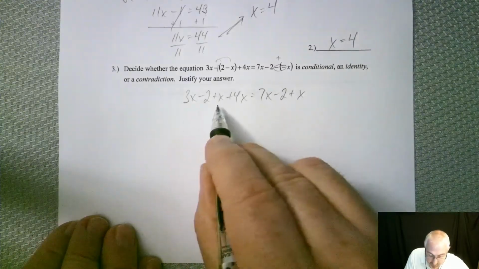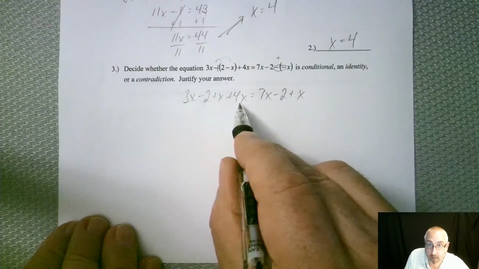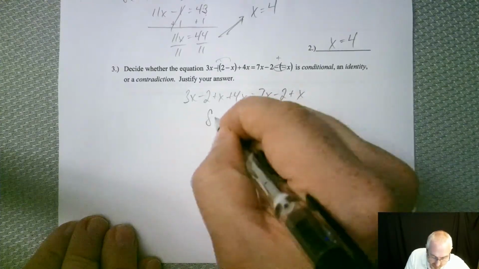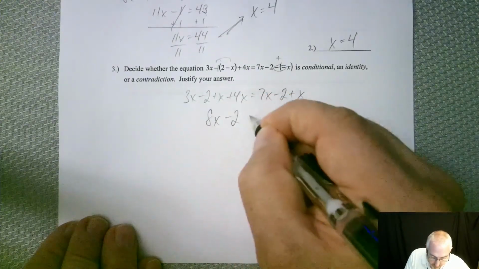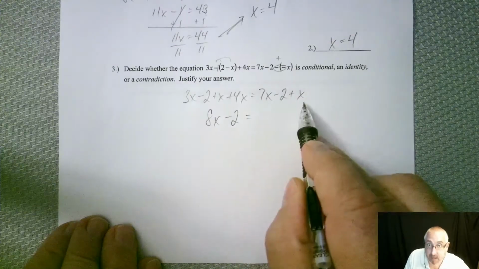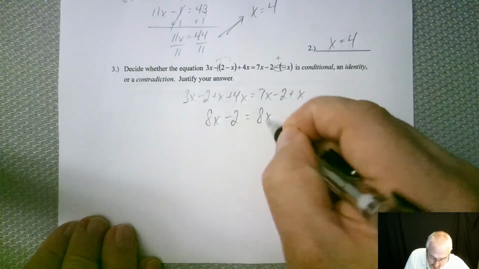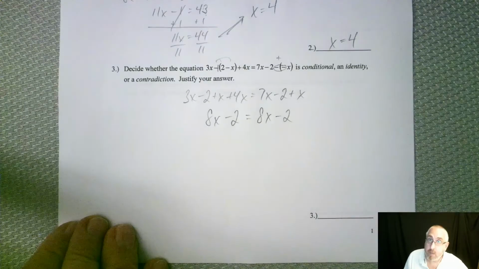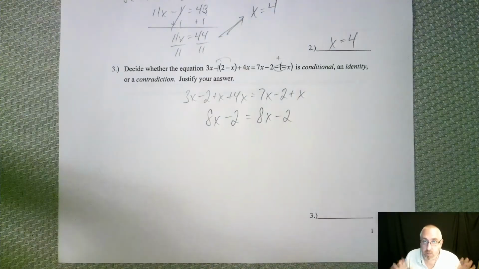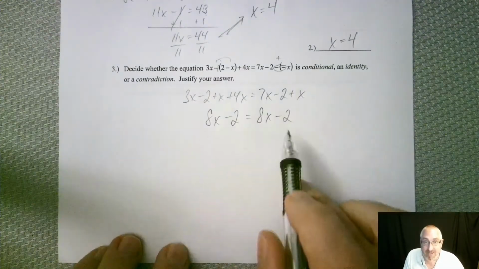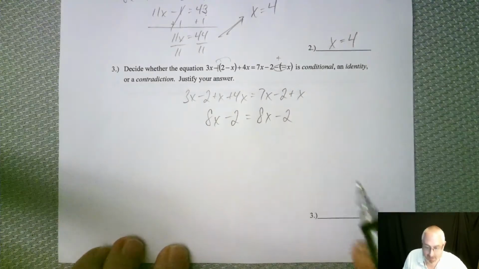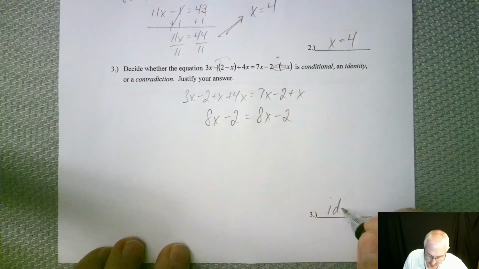So 3x and a 1x and a 4x gives you 8x. Still got the minus 2. And 7x and x is 8x minus 2. All right, so now some bells and whistles should be going off because you have exactly the same thing on both sides. When that happens, that is your identity.